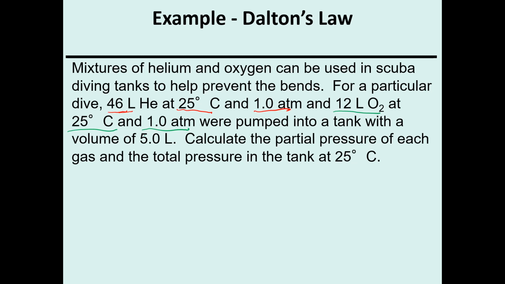And then we have those two gases put into a tank that's a different volume. So the first thing we have to figure out is how many moles of each of these gases was put into the tank at this volume.